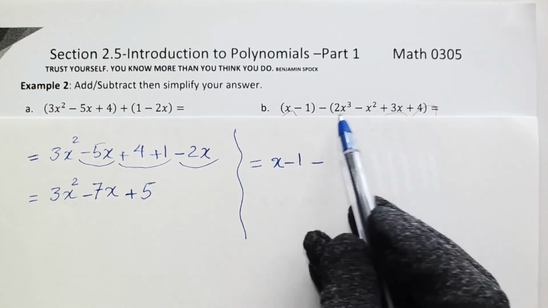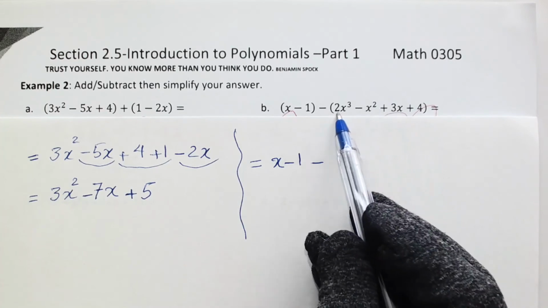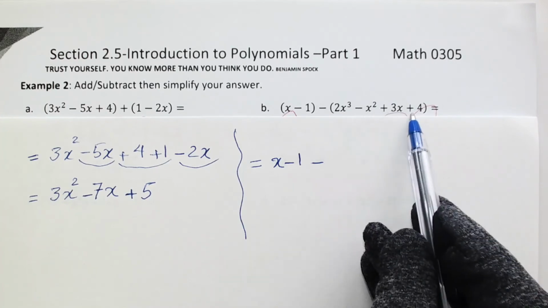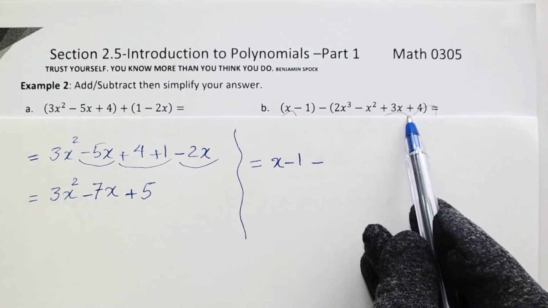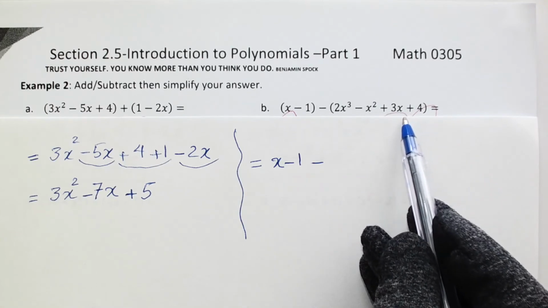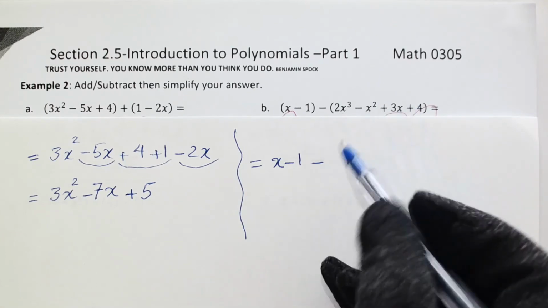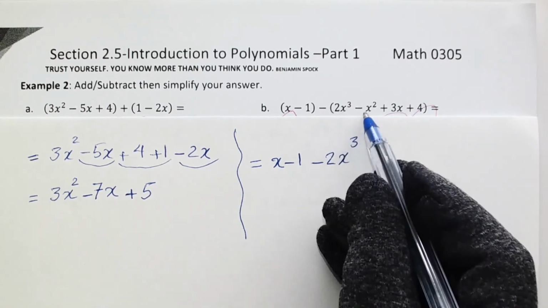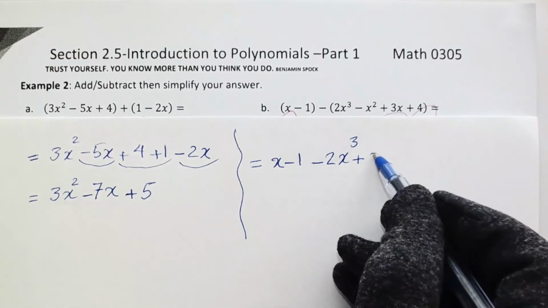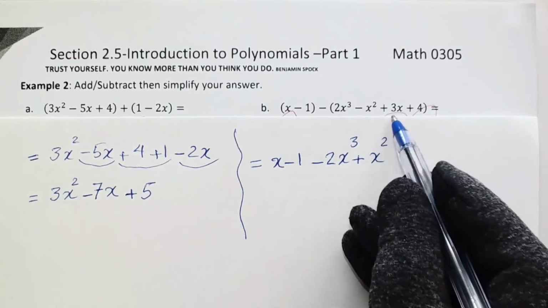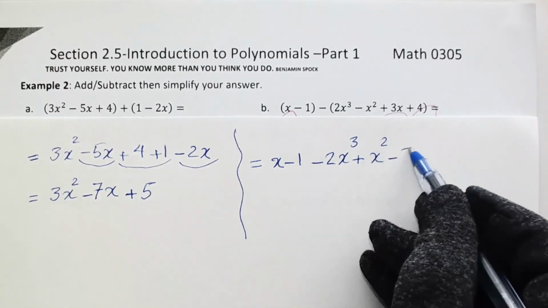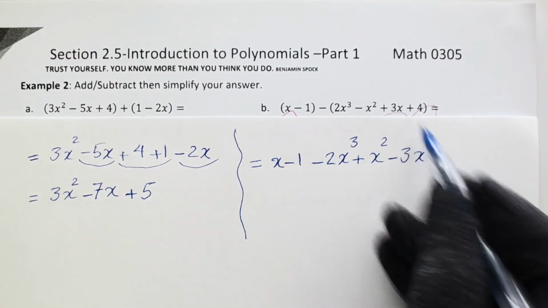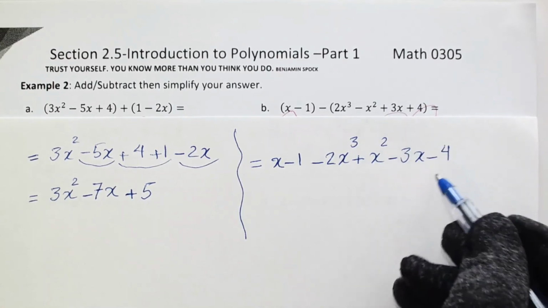After getting rid of the parentheses, this negative will change the sign of all terms inside. That means 2x cubed becomes negative 2x cubed, negative x squared becomes positive x squared, plus 3x changes to minus 3x, and positive 4 changes to negative 4.